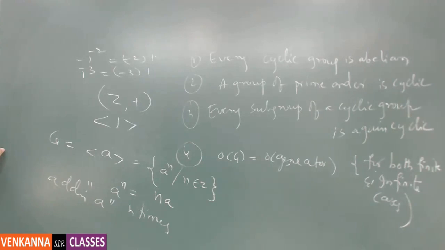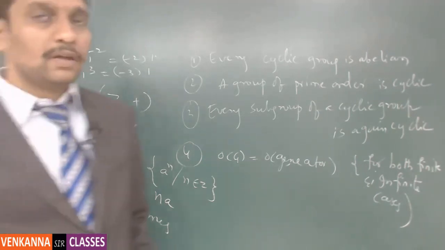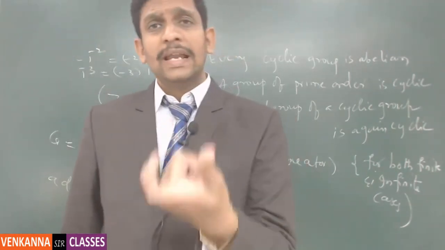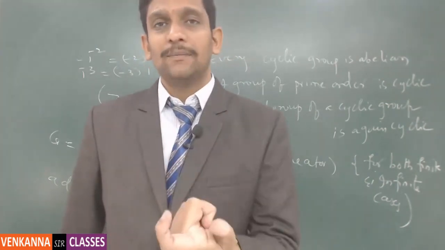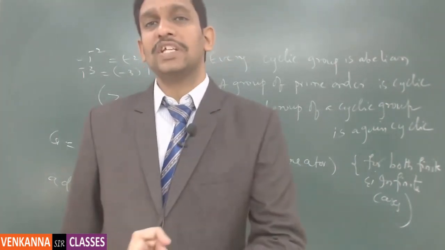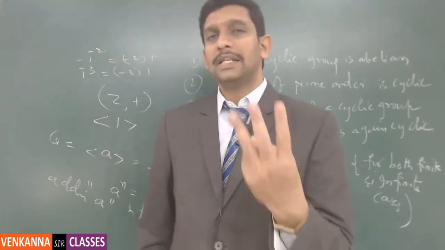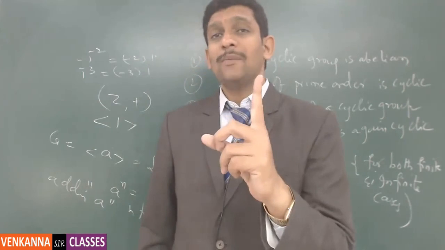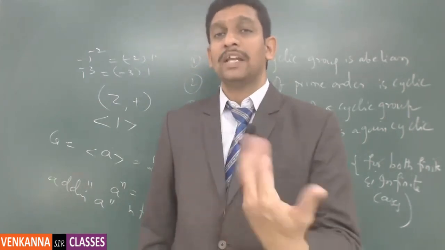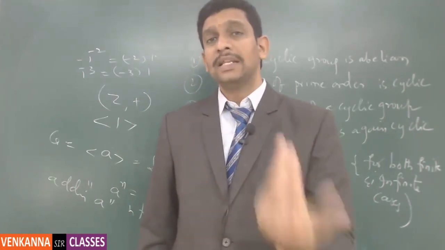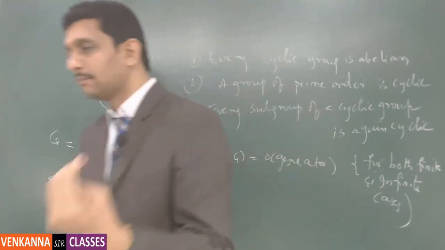Here we need to understand that whenever an element is a generator, its inverse is also a generator. So in such a case, if you want to get 3 generators, by default one element must be self-invertible. The inverse is itself. Then in that case, you will get 3 generators. Please understand.